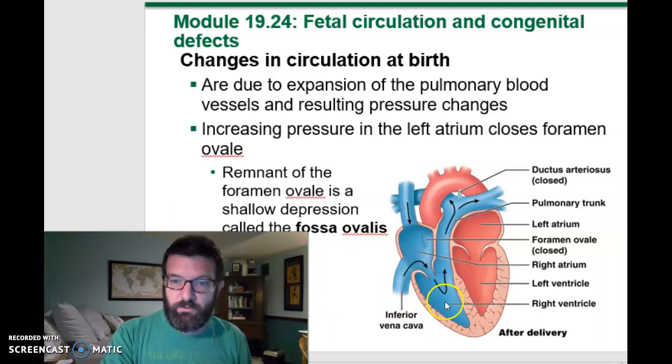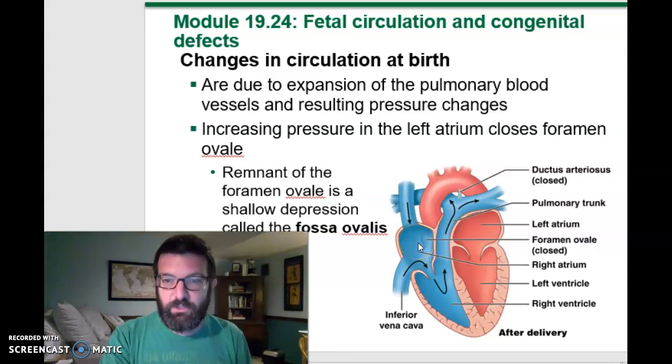And so when it goes to your right ventricle, it gets pumped out your pulmonary trunk to go to your lungs. It doesn't really need to go to your lungs, not all of it anyway. And so you have a hole between your right atrium and your left atrium called your foramen ovale, which means oval hole, to allow this oxygenated blood to just skip the pulmonary circuit, go directly into the left side of the heart, and then get pumped out the aorta. Again, all the blood doesn't do that, but some of it does.